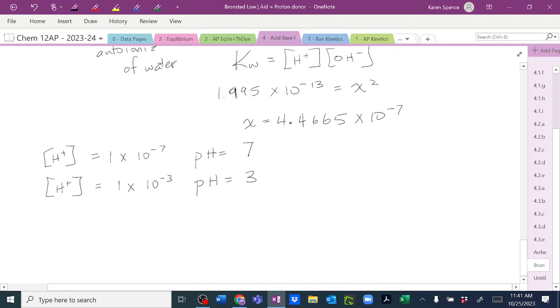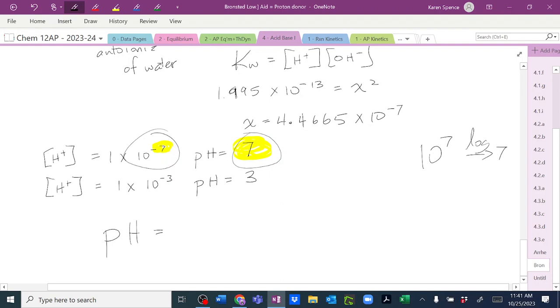So in order to get this number, we need pH is equal to, how do we get from 10 to the negative 7 to 7? What function do we do? We do the log, yes?